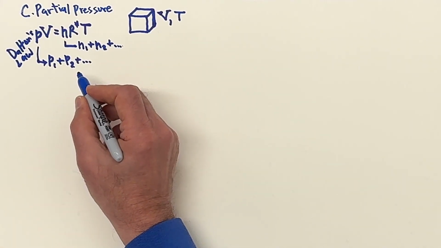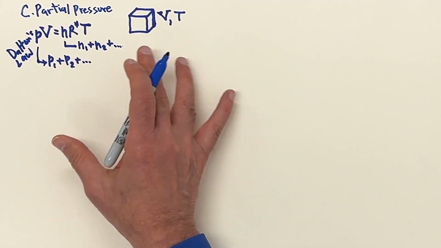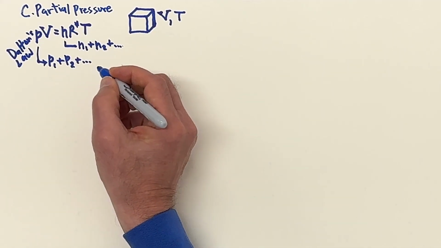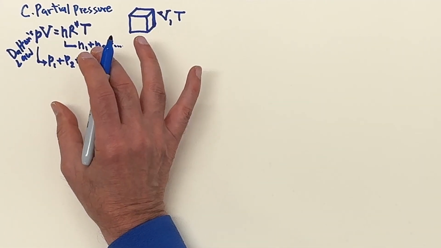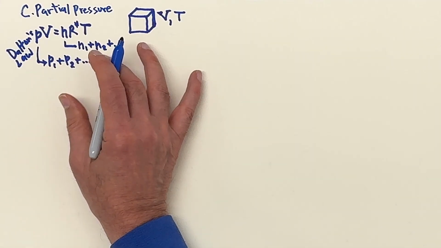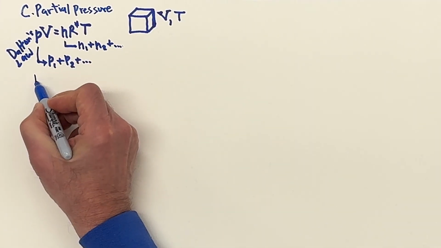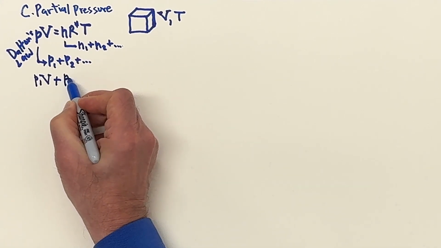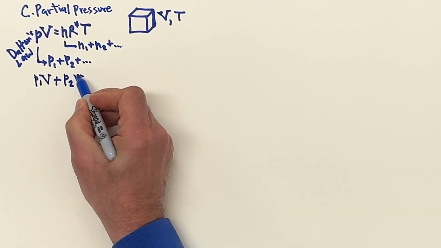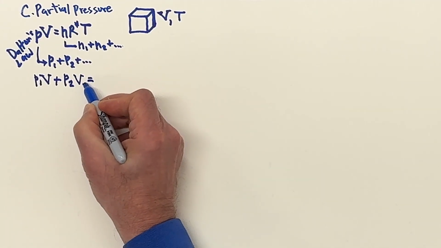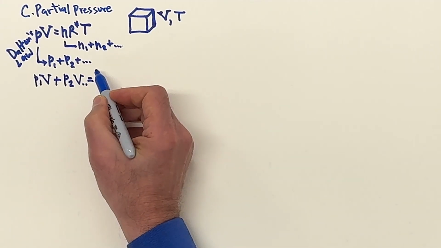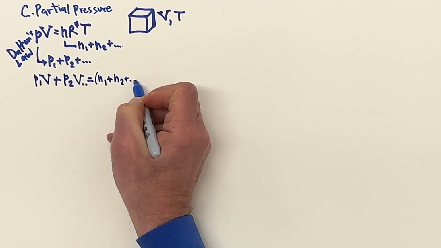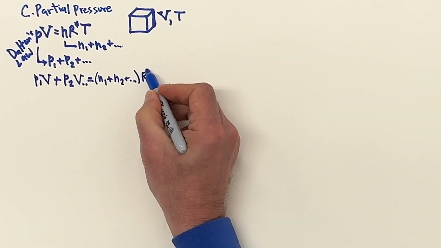And since the gas content is independent of the individual component parts, we can write the ideal gas law for each component part. But before I do that, let me just go ahead and work this out. P1 times V1 plus P2 times V2 equals, well, dot, dot, dot, equals, and then here we'll have N1 plus N2, dot, dot, dot, R star T.